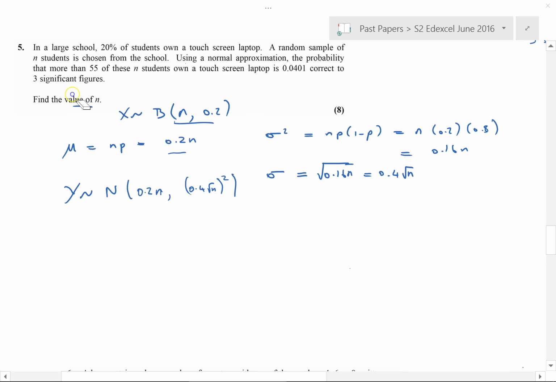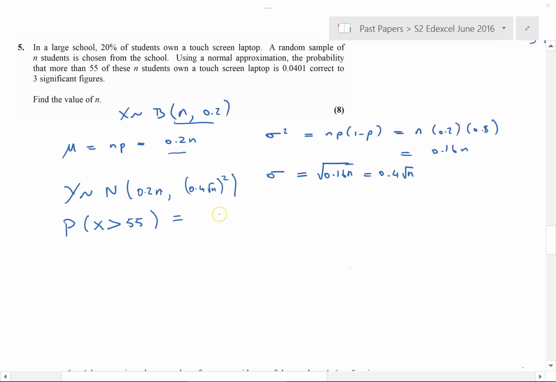Now let's apply what we're given with the normal approximation. First of all, let's just start with the original binomial. What we're trying to work out is the probability of X being greater than 55.